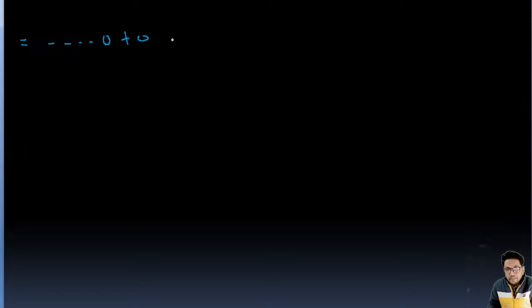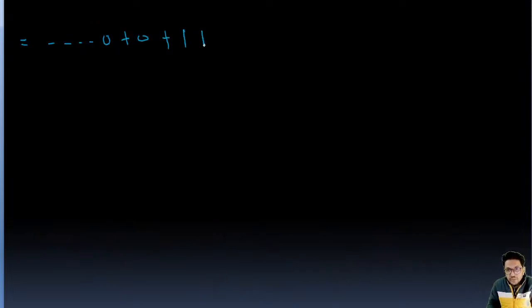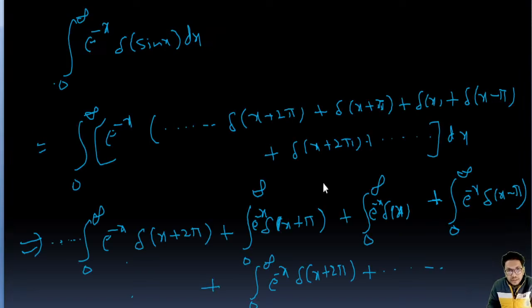Because these are minus values, plus this one, e to the power minus x, del x minus 0. Since 0 exists, e to the power minus 0 is 1. Plus here, from 0 to infinity, x equal to pi, pi exists, so e to the power minus pi.